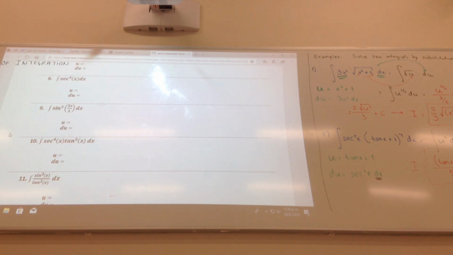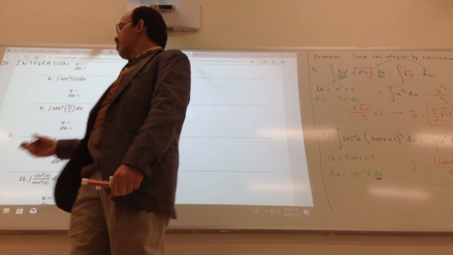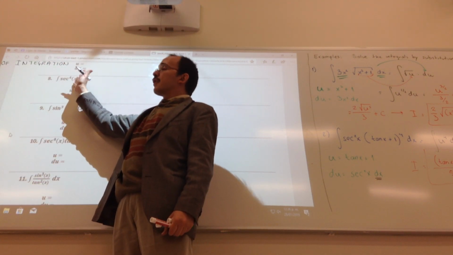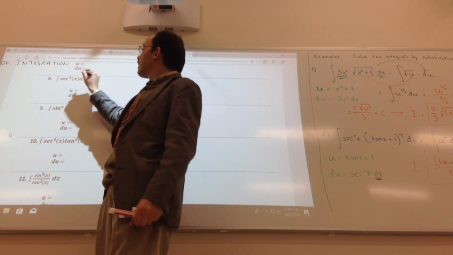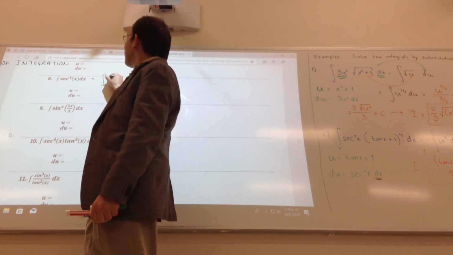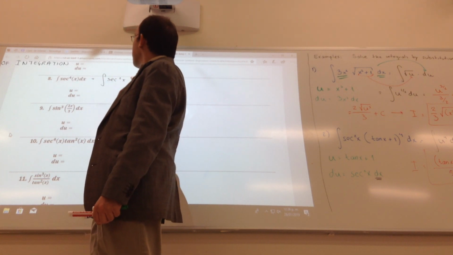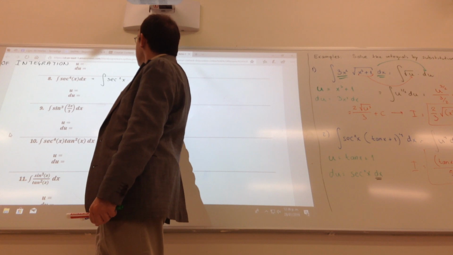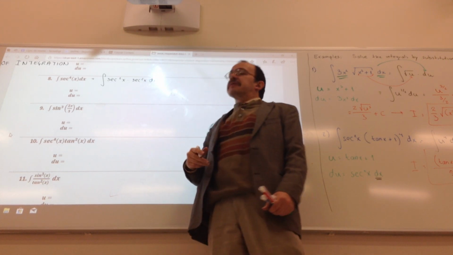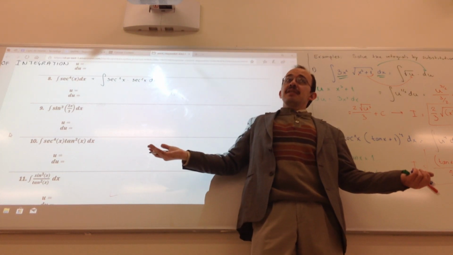No. But there is a way to modify the integral so it becomes something like that. You have secant to the 4th power. There is no derivative for secant in there. But you can change it into secant squared times secant squared, right? Is it possible? Yes, it's possible.